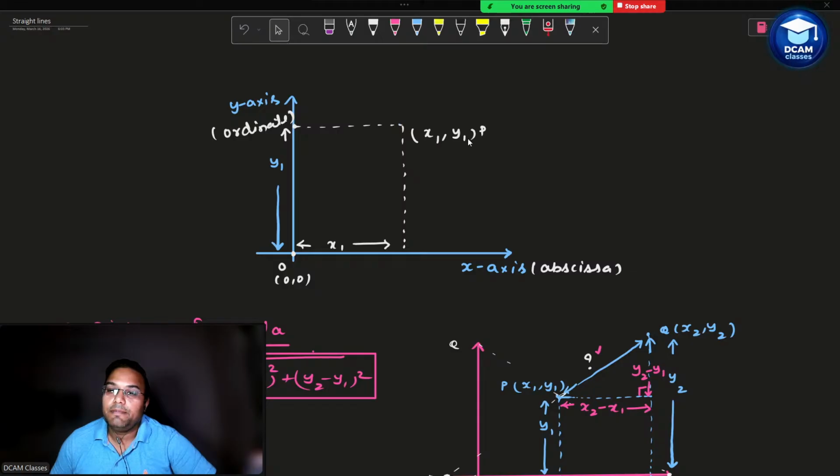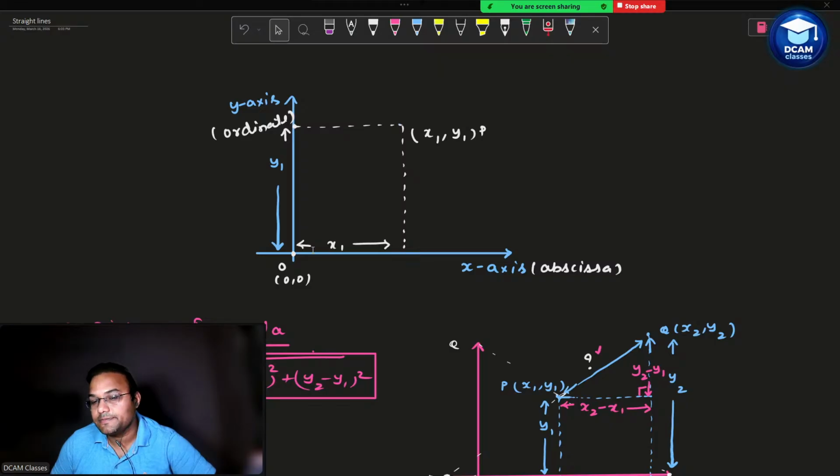Suppose I have denoted a point P (x1, y1). What is the meaning of this in the coordinate system? This x1 denotes the distance from the origin to the foot of the line dropped perpendicularly on the x-axis.